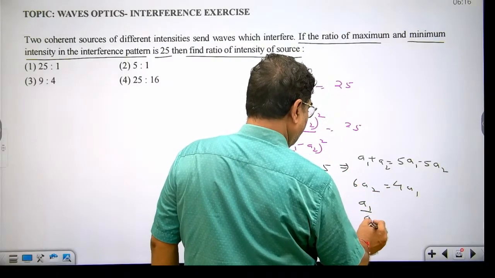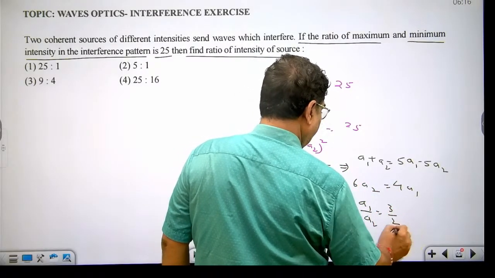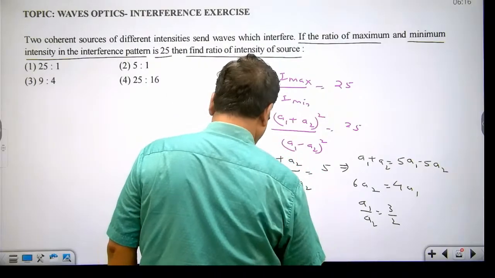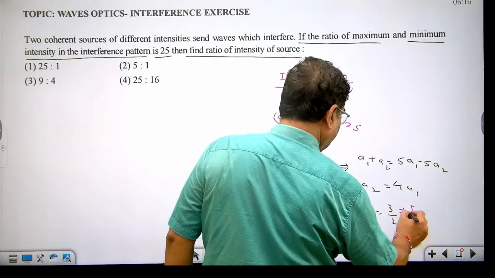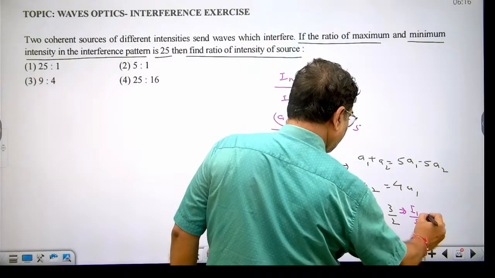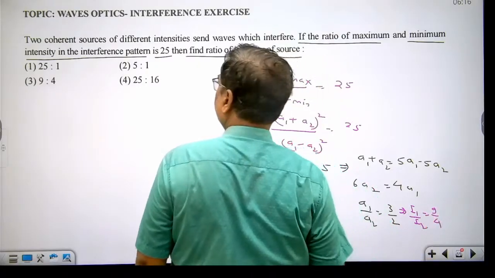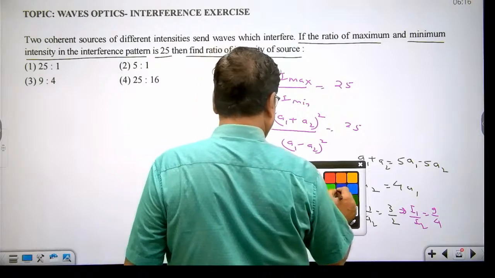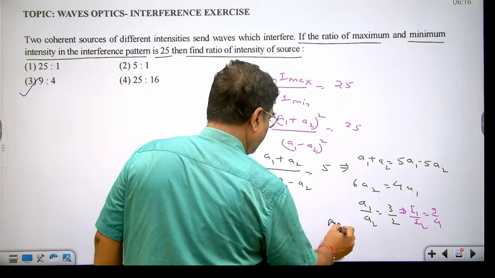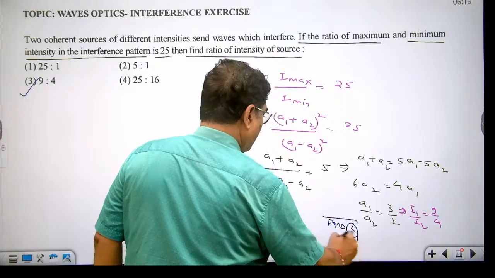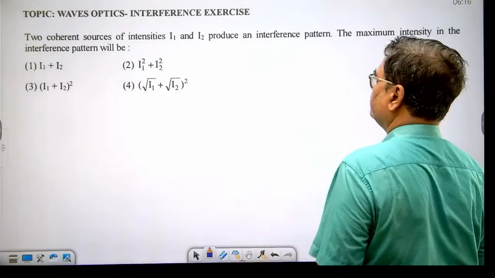We get A1 upon A2 equal to 3 upon 2. So what is I1 upon I2? Finally, I1 upon I2 equal to 9 upon 4. So out of 4 choices, the correct choice is option 3.